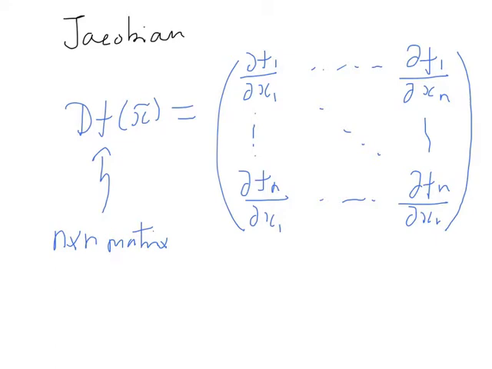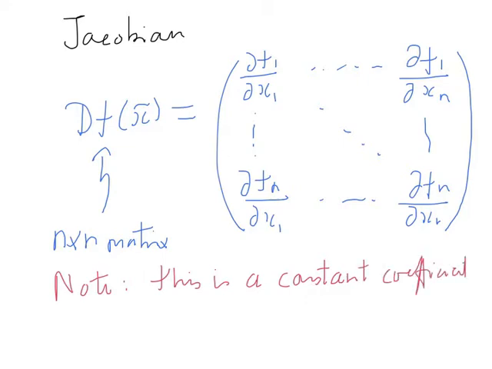So note, very importantly, this is a constant coefficient matrix. That's because the entries are evaluated at x tilde, so it's constant. So we get stability and instability in terms of this matrix A.